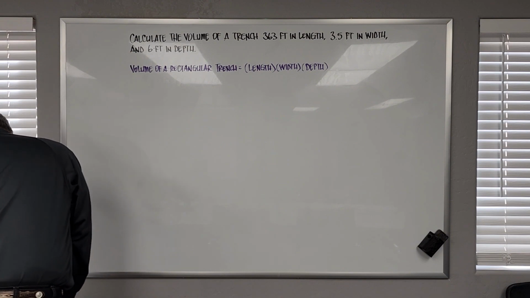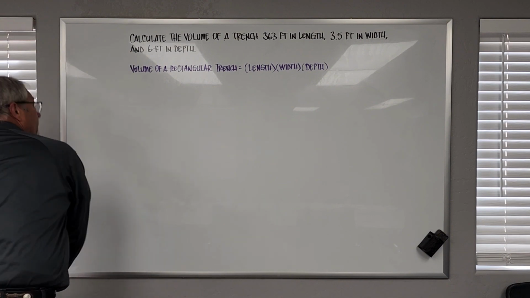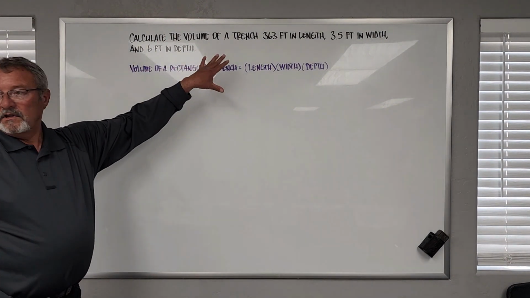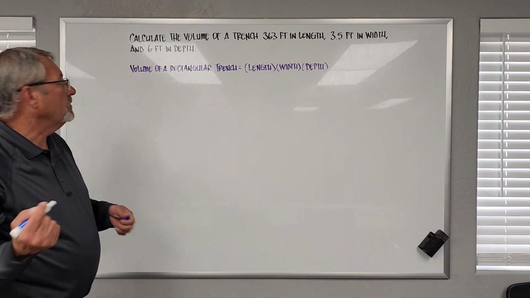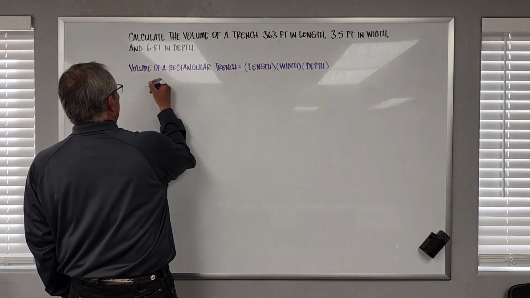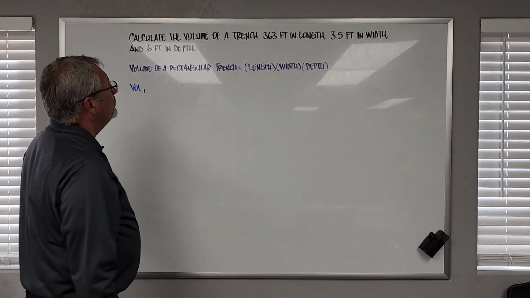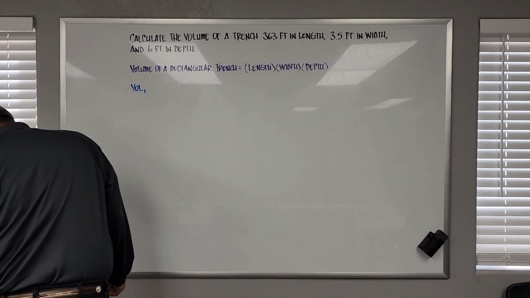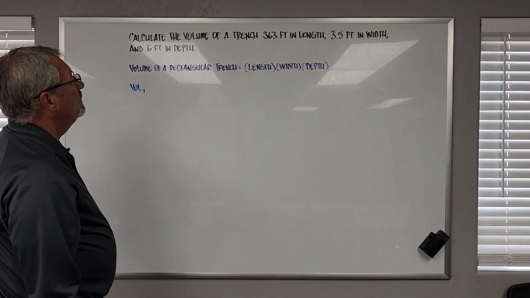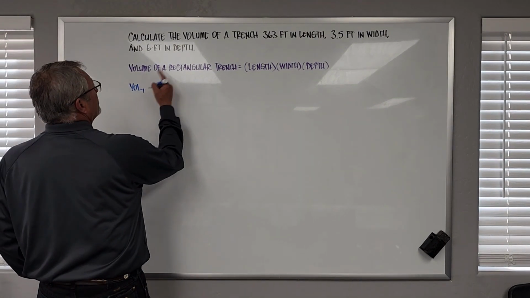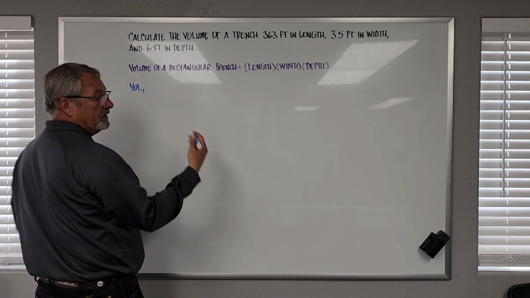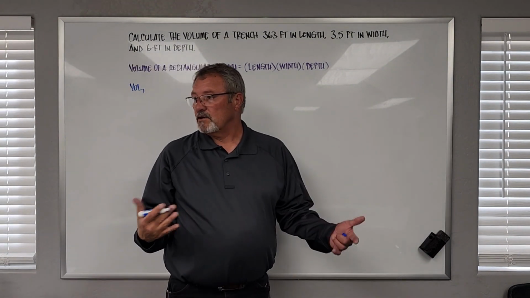It has no units of measure, so we're going to rewrite this, plugging in the information that the question gives us, right? So I want volume, and this volume is going to be in cubic feet. I know that because of the question. Well, the 4 choices are cubic feet.